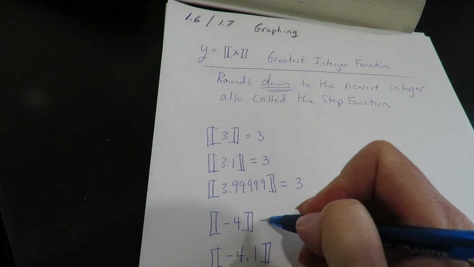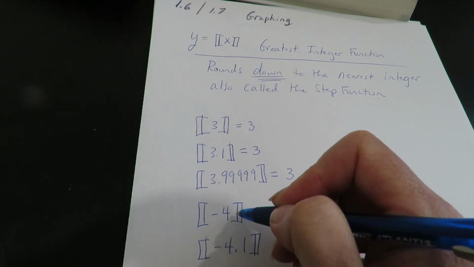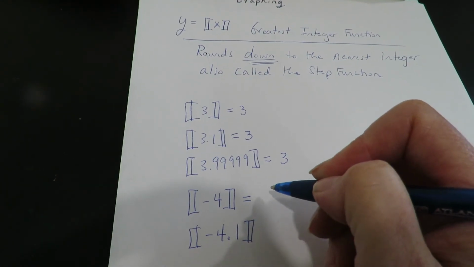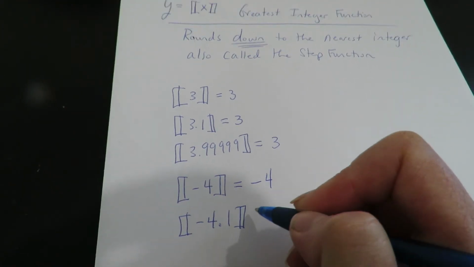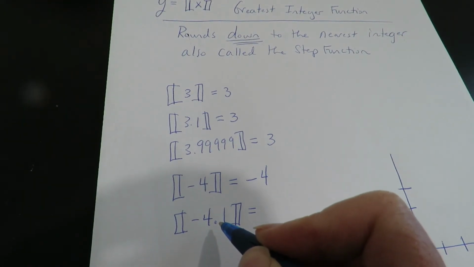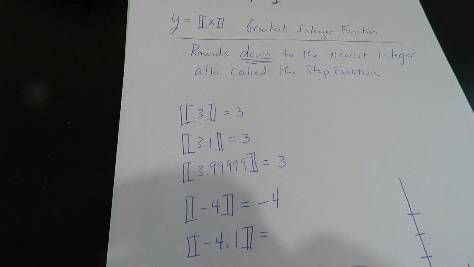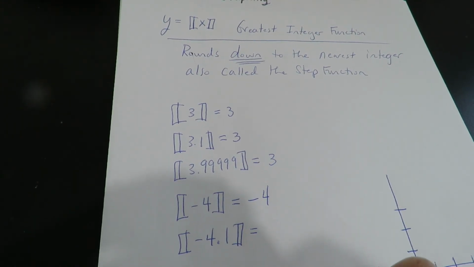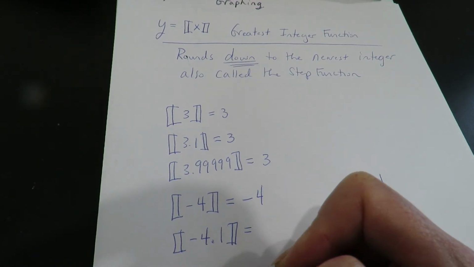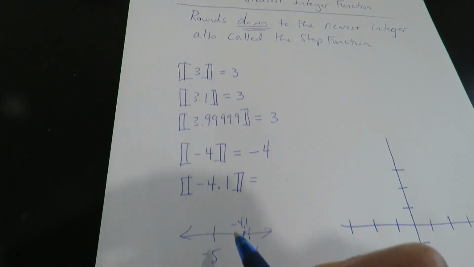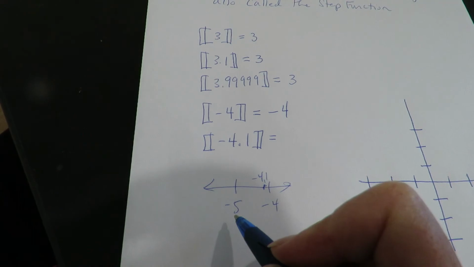Now negatives, if you put in a negative, same idea. This is -4. It's an integer, so integer in gives an integer out. When you're doing the negatives, just be careful. We tend to get a little confused. -4.1 sits in between -4 and -5.